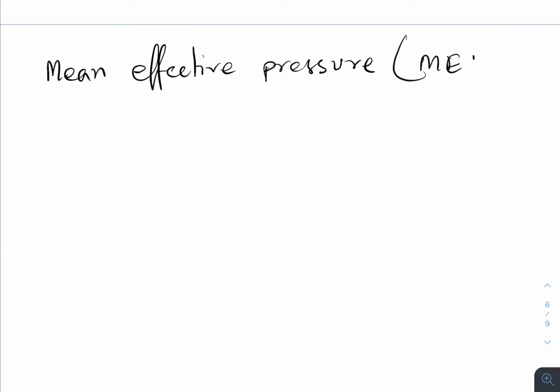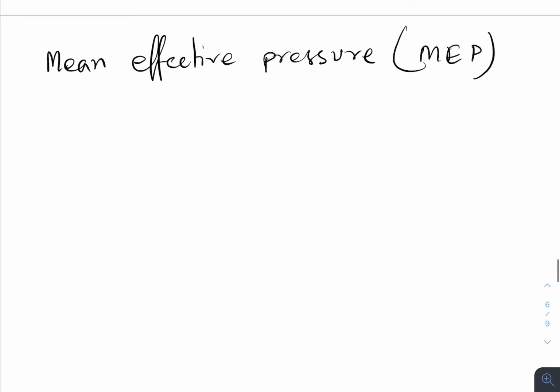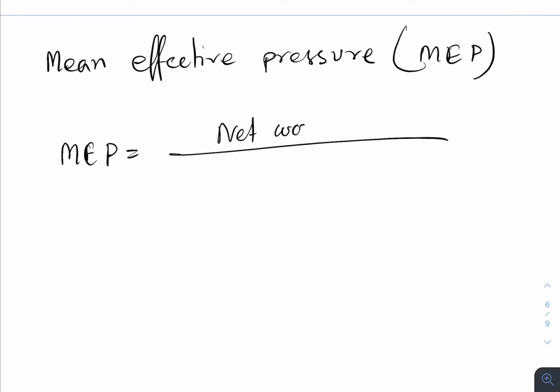Let's talk about one more term that we used in the last class: mean effective pressure, which we call MEP. We defined the MEP as the net work done divided by displacement.